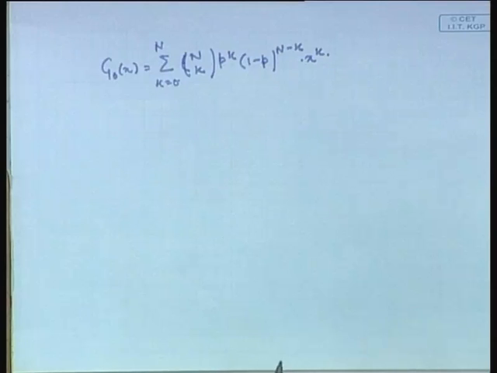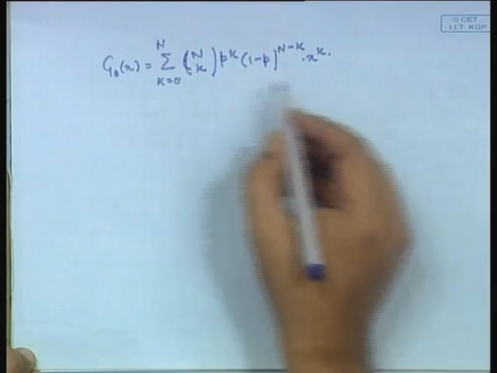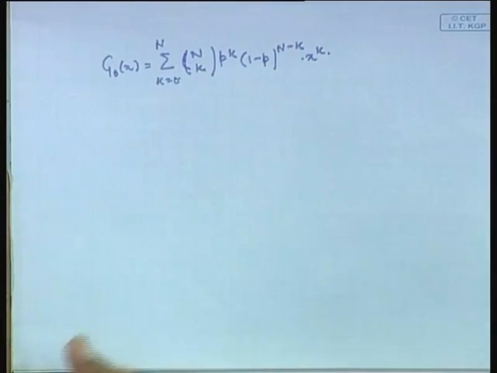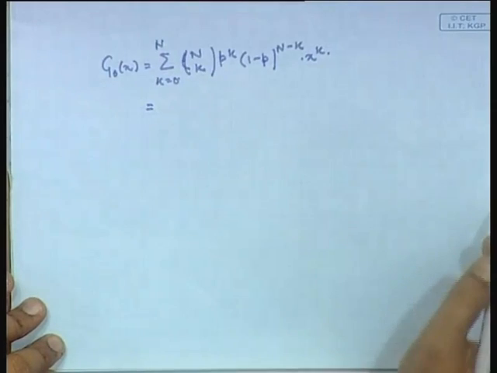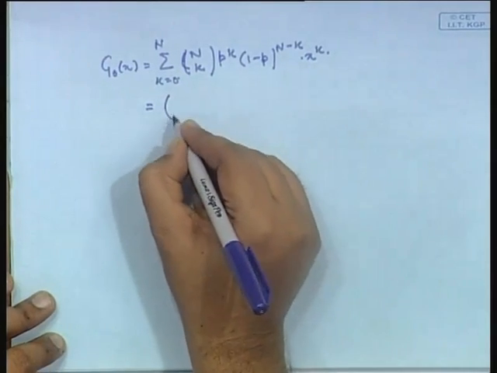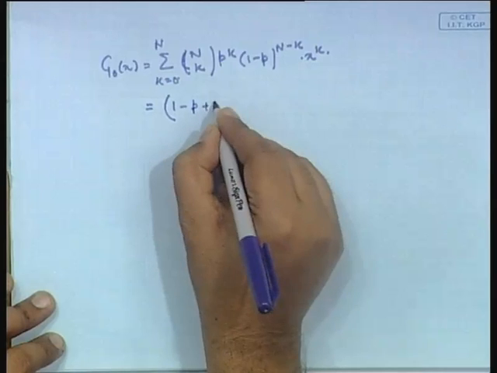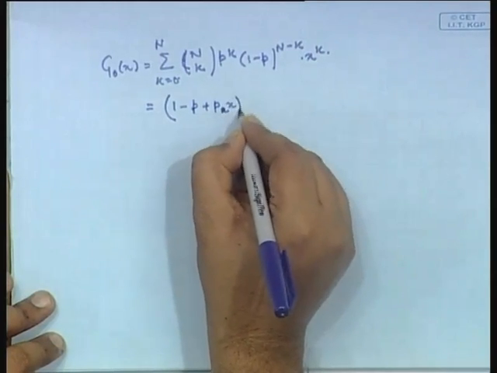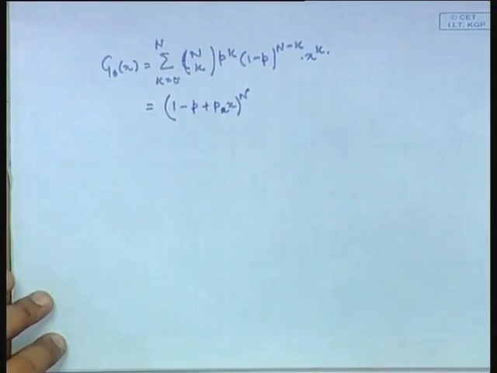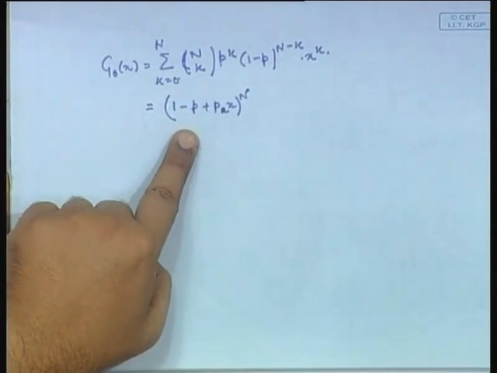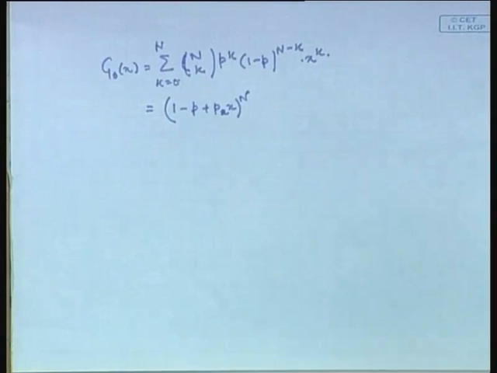If I take this simple random graph, what is this? It is 1 minus p plus px to the power n. This is binomial. From here it directly comes.